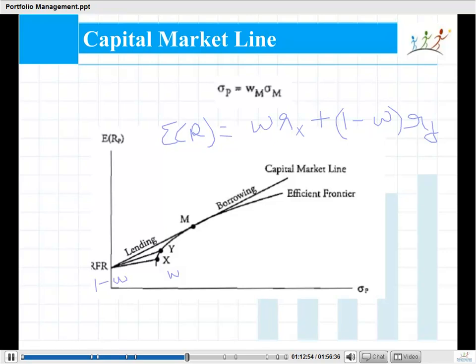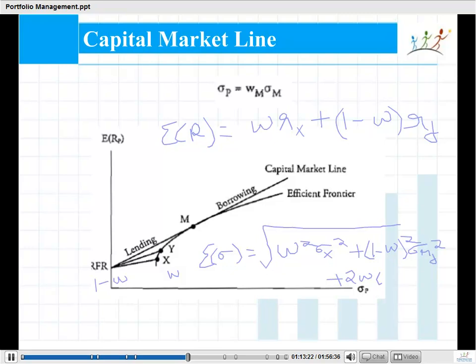If this is the expected return on the portfolio, what will be the expected risk of the portfolio? Expected risk is given as W squared sigma X squared plus (1 minus W) squared sigma RF squared, that is the risk of the risk-free security, plus 2 W times (1 minus W) times the correlation times sigma X times sigma RF.